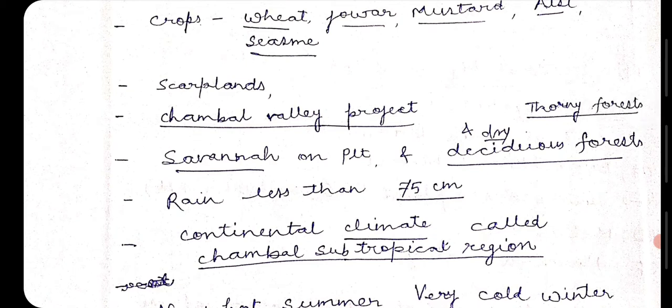Rain is less than 75 centimeter. The climate is continental type, also called Chambal subtropical type.